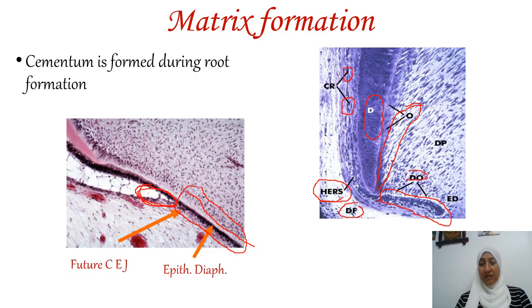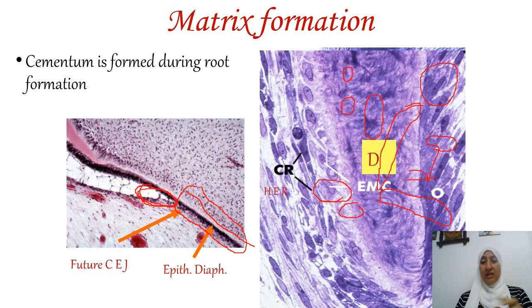The remaining tissue here is called dental papilla as long as we have no dentin, while at that part we have pulpal tissue. The tooth moves occlusally toward its eruptive path, leaving the root formation behind.